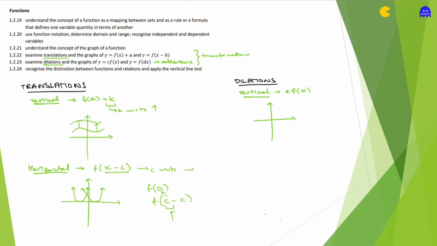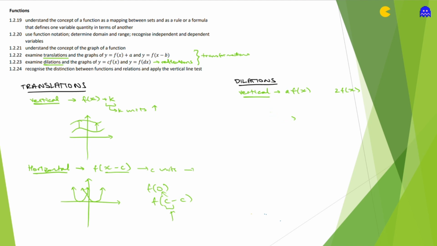So if we have a scale factor of 2, f of x, then what was initially at 1, 1 will now be at 1, 2, because 1 has been stretched up into 2. Each y value, essentially, you're grabbing straight at the x-axis and pulling away in both directions. And so each of the y values is going to be stretched out.